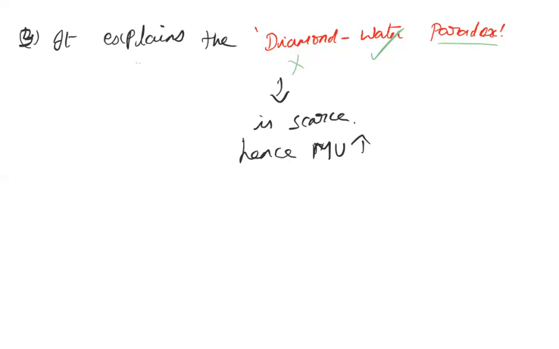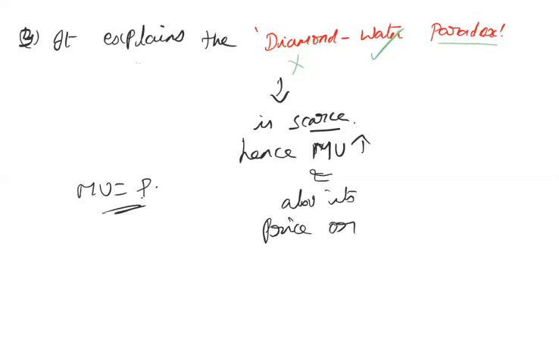Just now I told you, marginal utility is equal to price. Price is nothing but the exchange value. So marginal utility is high, and also its price or exchange value. The reason is scarcity.